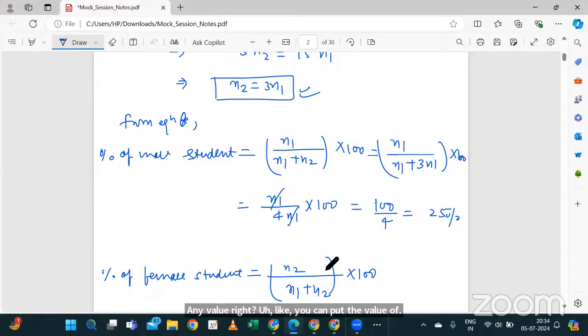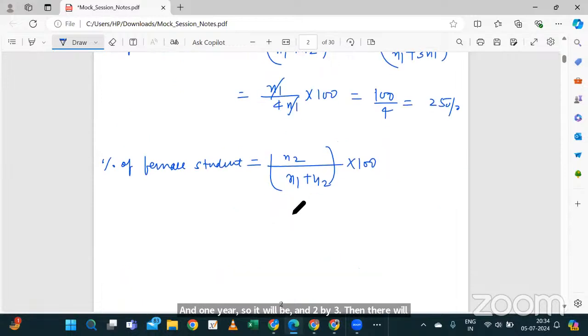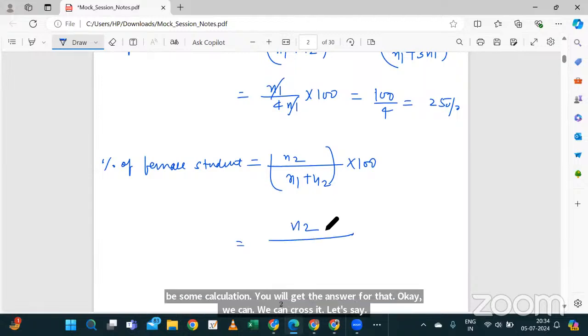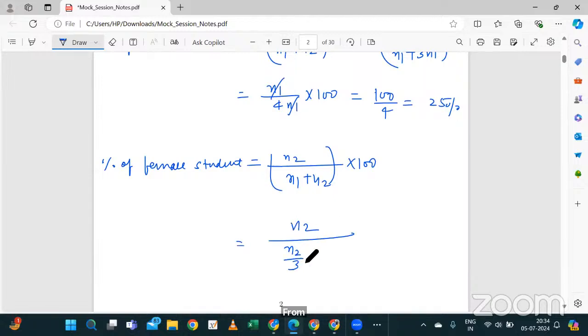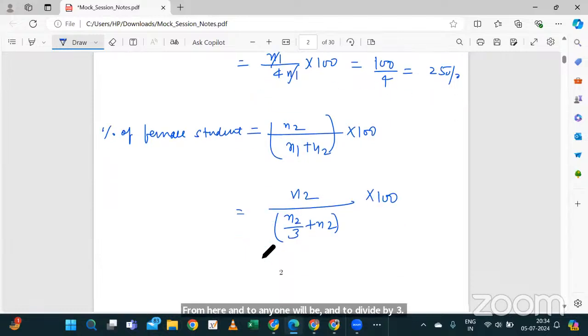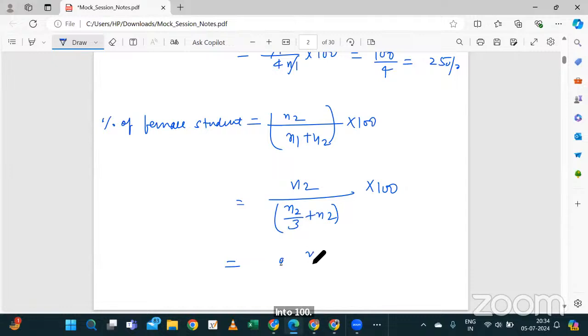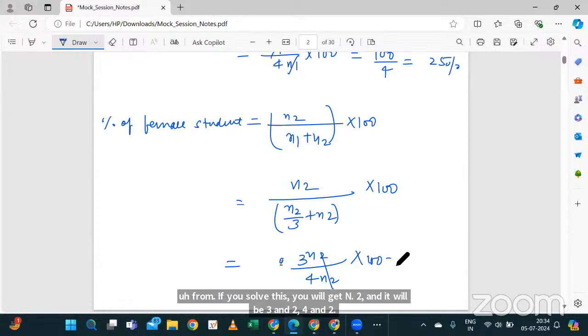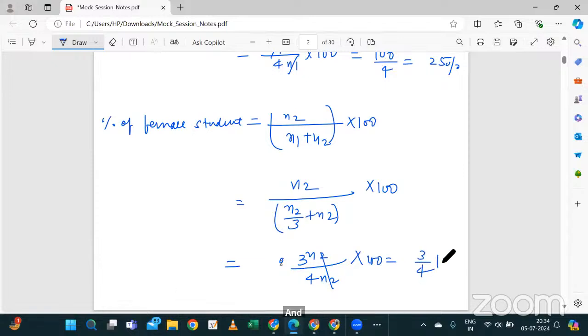Let's cross-check: n2 divided by 3 plus n2, into 100. If you solve this, you will get n2 over 4n2 by 3, so 3 by 4. So 3 by 4 into 100 will become 75%.